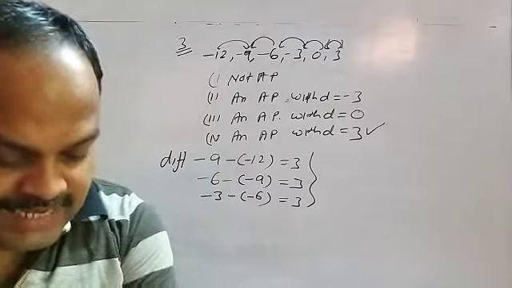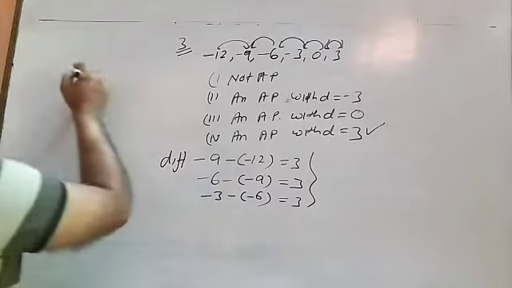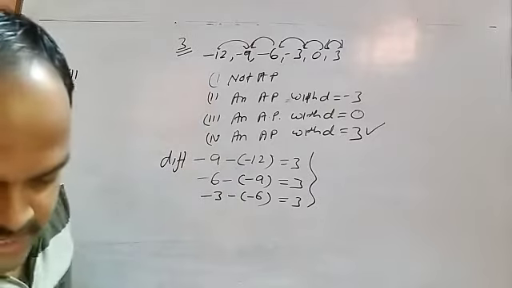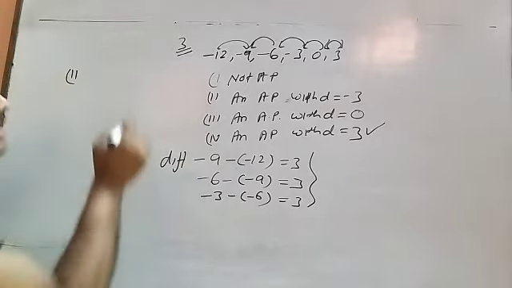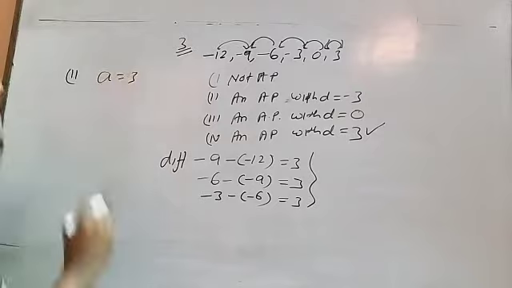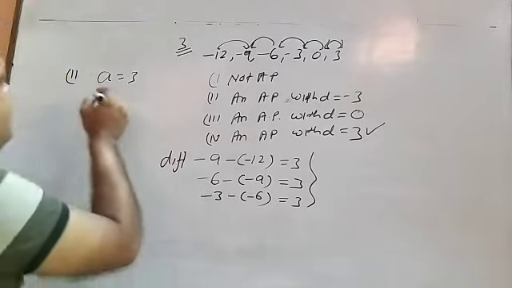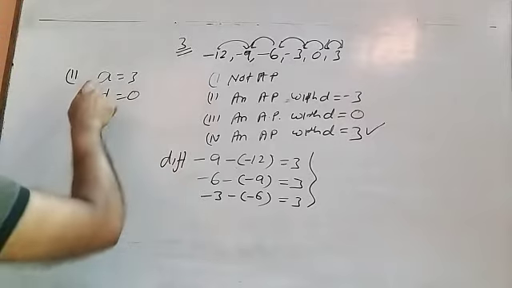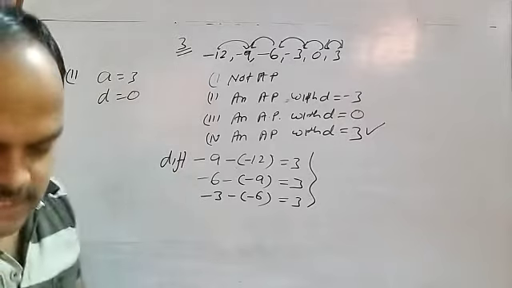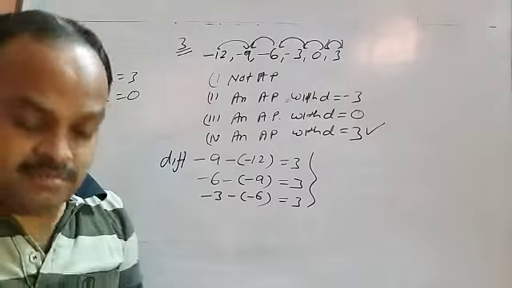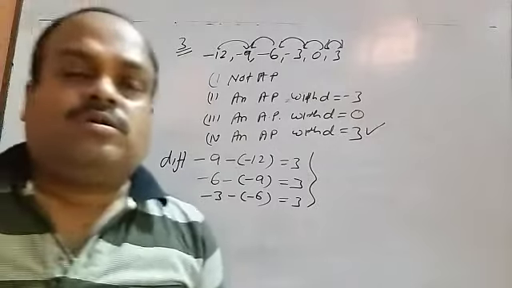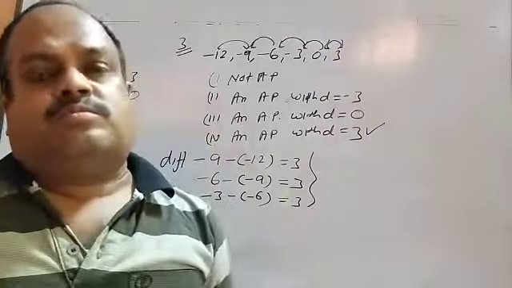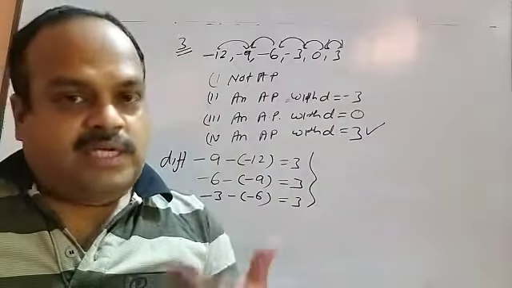If in an AP, second part of this question, in an AP, a is equal to 3, d is equal to 0. a is the first term and the common difference d is 0. My dear students, if d is 0, then the series will not move.